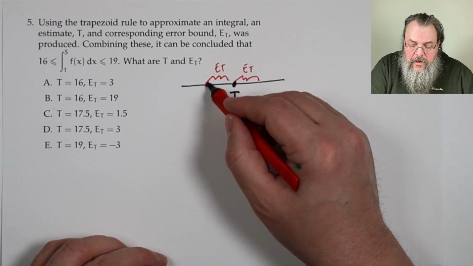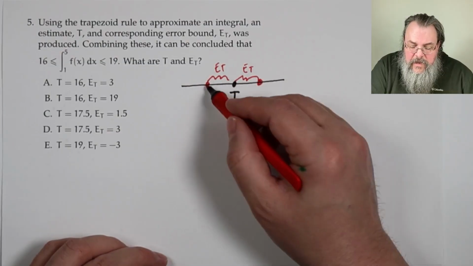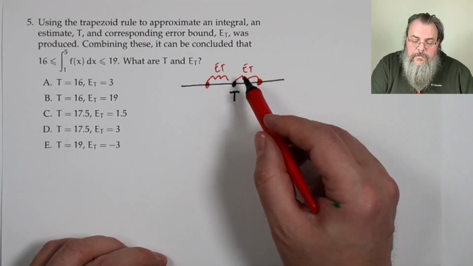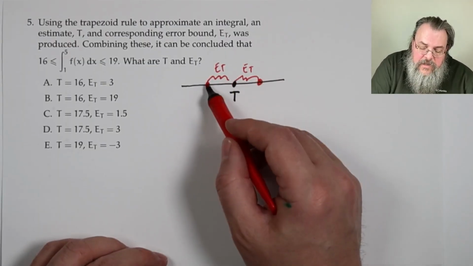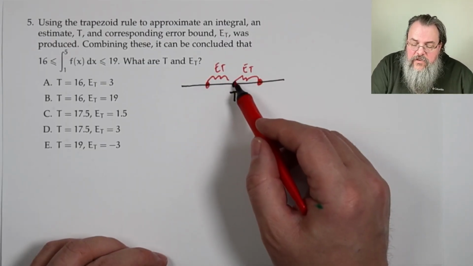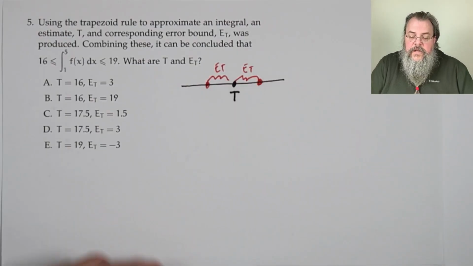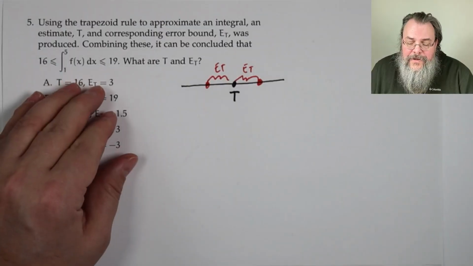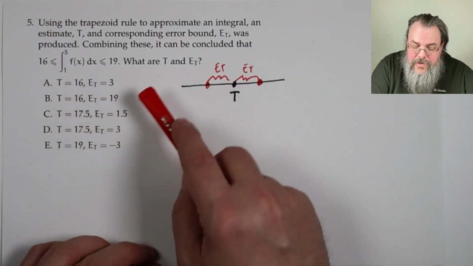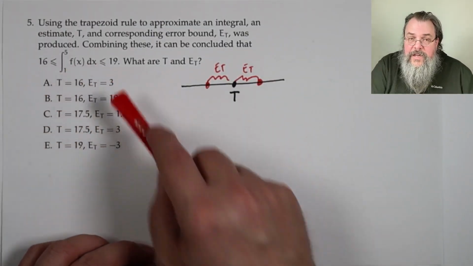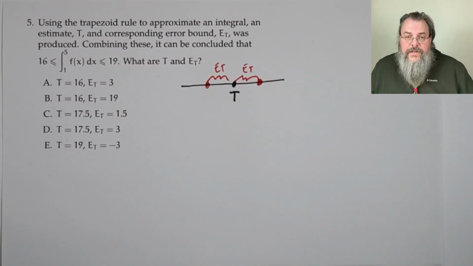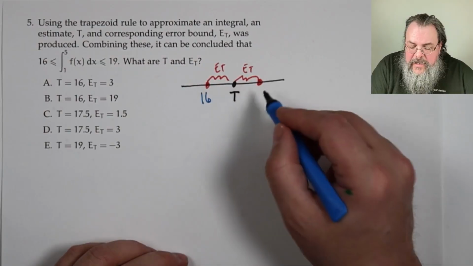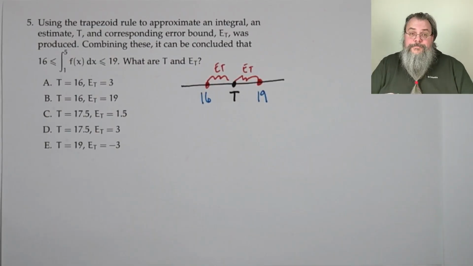And so now what we know is that the actual value of the integral is somewhere in this range, between our estimate minus the error bound and our estimate plus the error bound. And notice what we have here: the integral, which is our value, is somewhere between 16 and 19. That tells us that in our little simple diagram, 16 and 19 are at these points here.